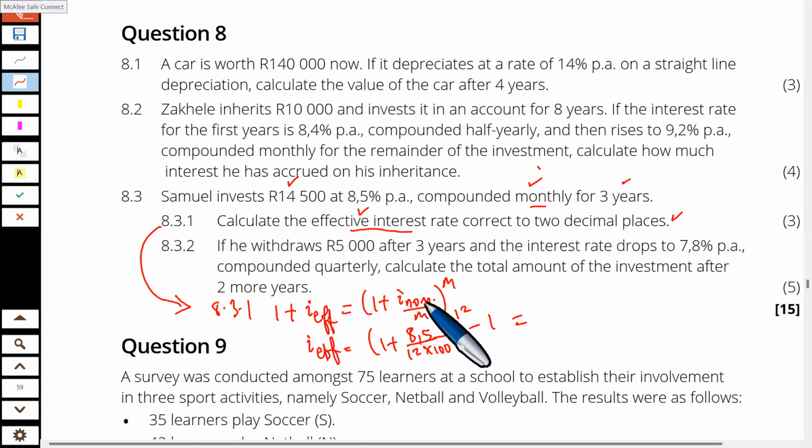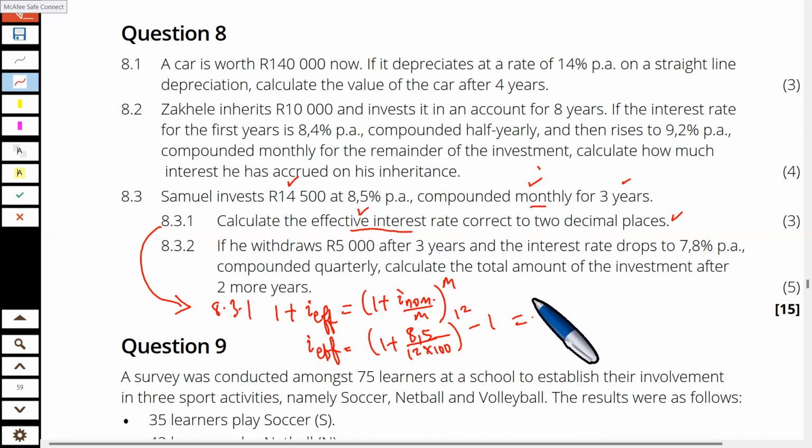It becomes precisely this: 1 plus 8.5 over 12 by 100, you raise it to the power 12 and then you minus 1. So you get exactly this one here.